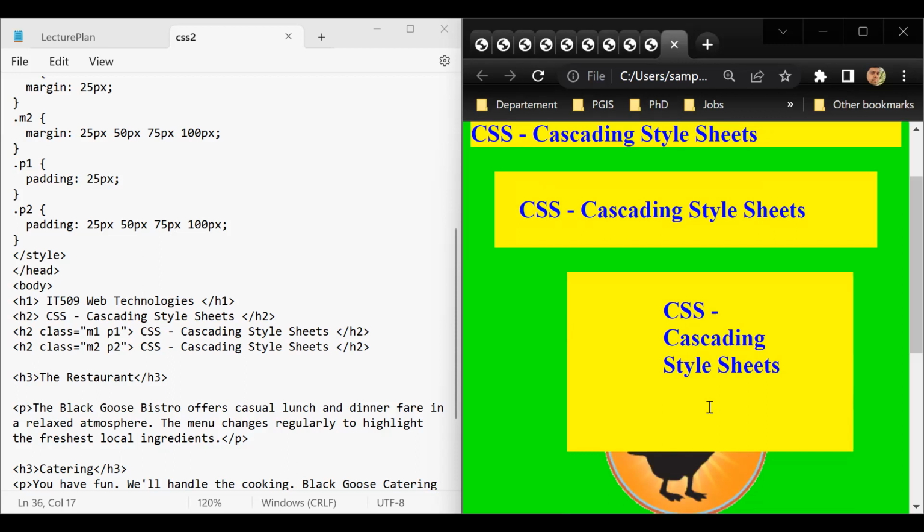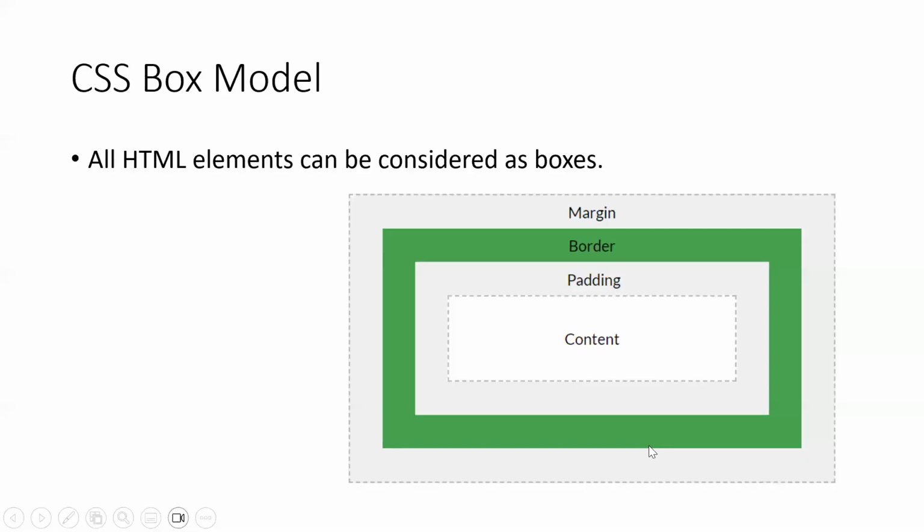Now, this gives you the setting for what we call the box model. Any element that we are going to have, usually in CSS we talk about what we call the box model. So let's look at the box model now. All HTML elements can be arranged in what we call the box model.